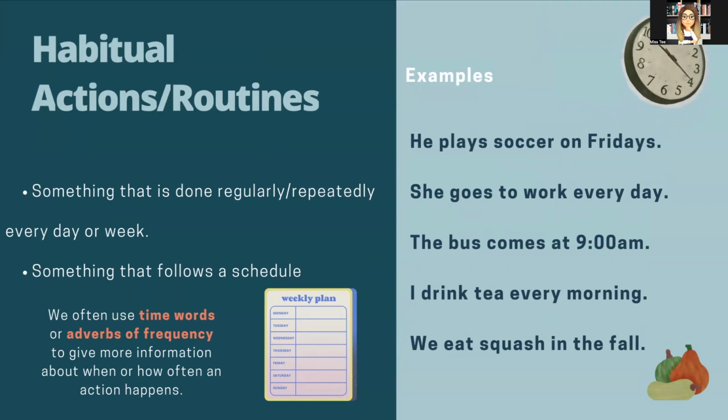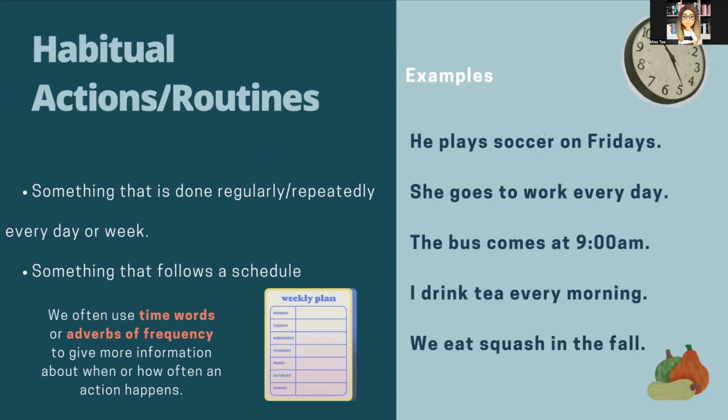So if you're wondering about adverbs of frequency, go ahead and check the grammar video that comes out next Tuesday. And there'll be a video on adverbs of frequency for that. So I'll just go through some examples here.